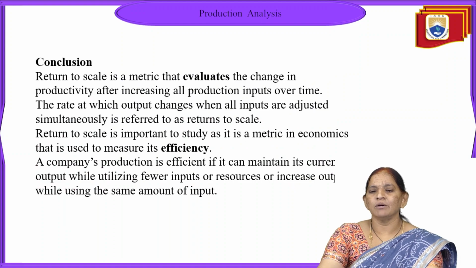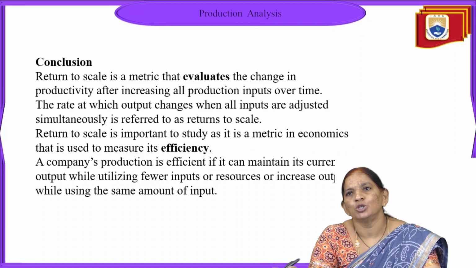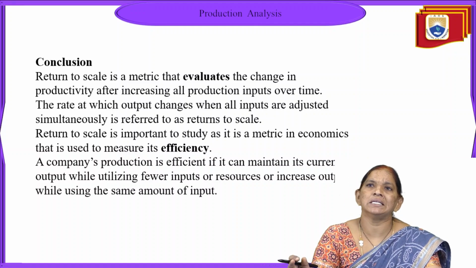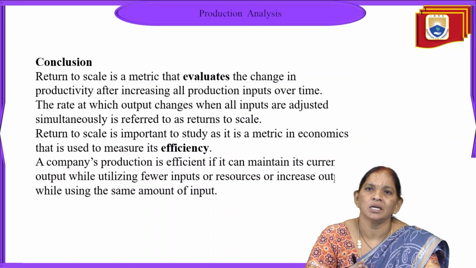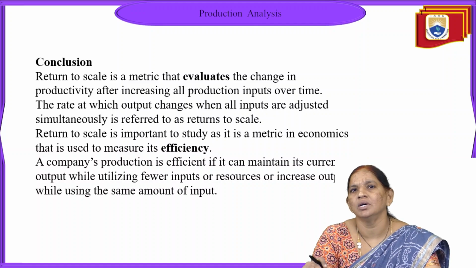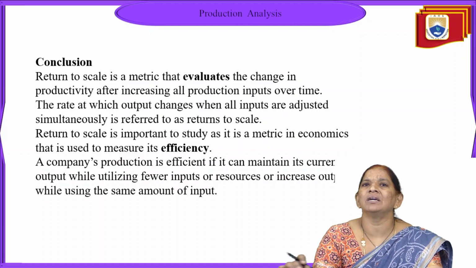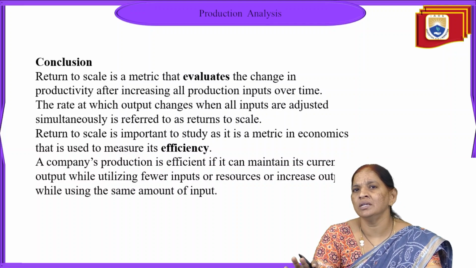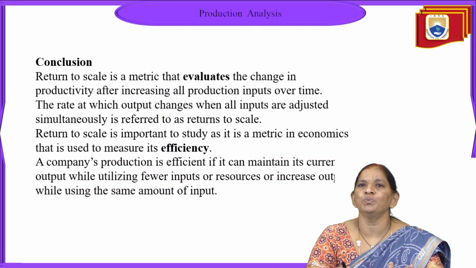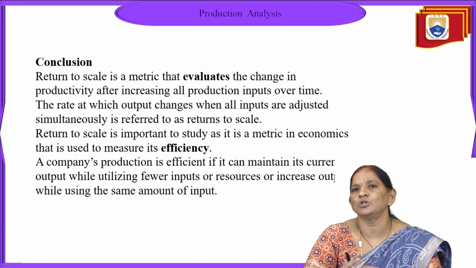With this we can come to a conclusion on the production function: in the short-run production function, only one factor was changed and all other factors are constant, and in the long-run production function, all factors in the production are changed. In this we can evaluate the change in productivity after increasing all inputs and outputs. The rate of inputs and outputs adjusts simultaneously and is referred to as returns to scale.